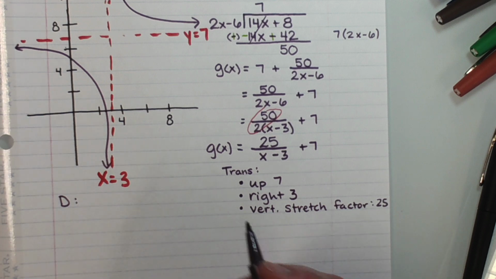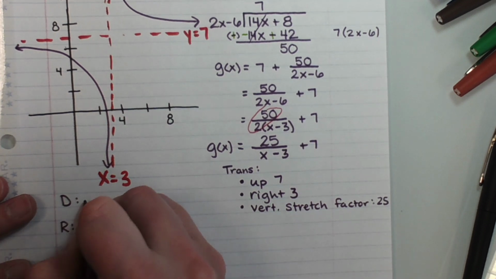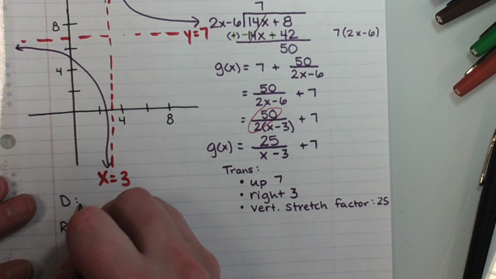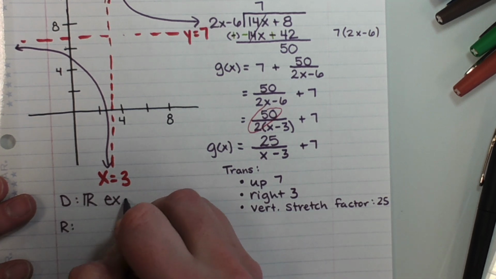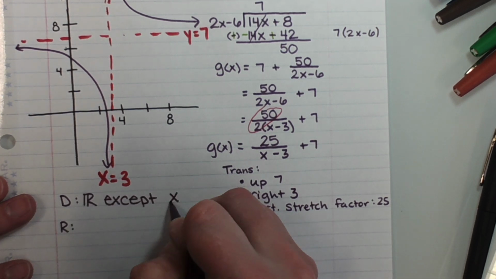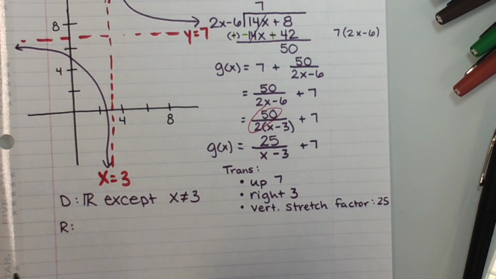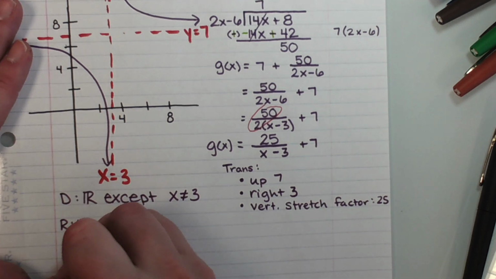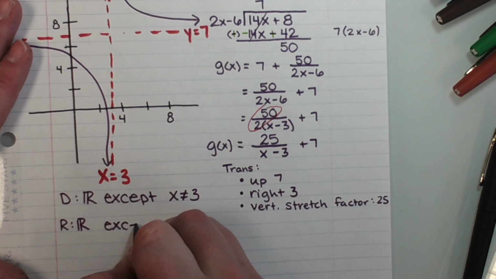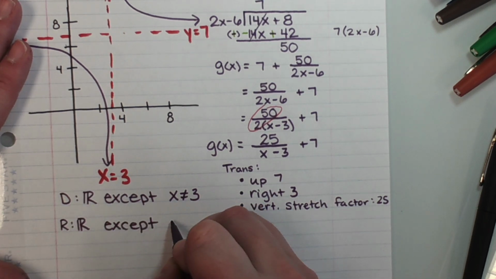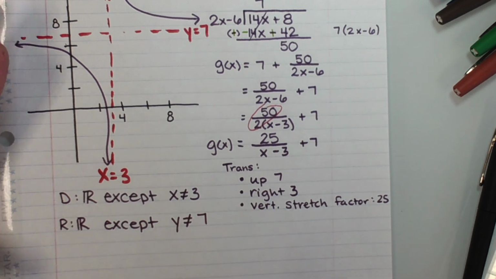Garrick, what's our domain? All real numbers except x is not equal to 3. Caitlin, what is our range? All numbers except y from... You got it.